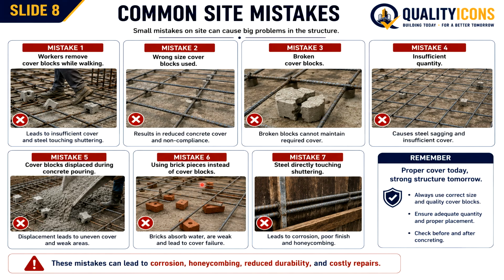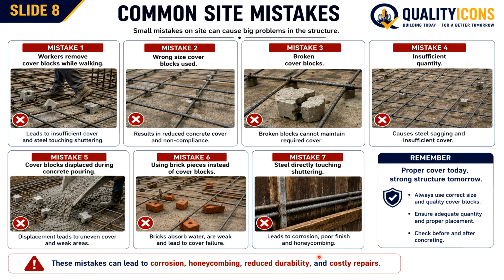Using brick pieces instead of cover blocks. Bricks absorb water, are weak, or lead to cover failure. Steel directly touching shuttering is one of the most common mistakes at site. This leads to corrosion, poor finishing, and honeycombing.